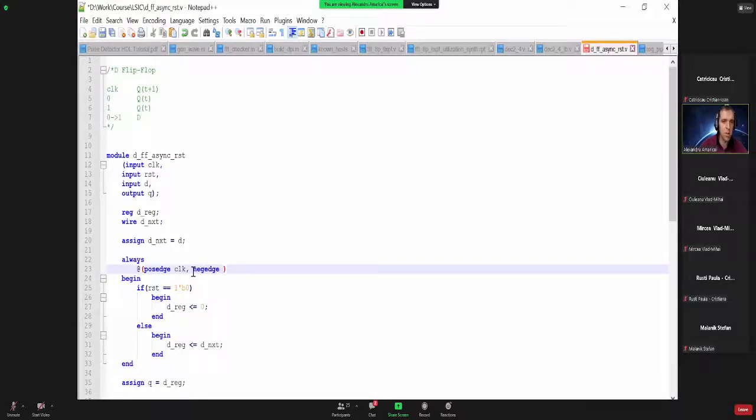You wait until the reset goes to 0. So basically you check whether the reset has activated, and if it has, you reset the sequential element. Otherwise, you perform the operation on the clock. Okay.